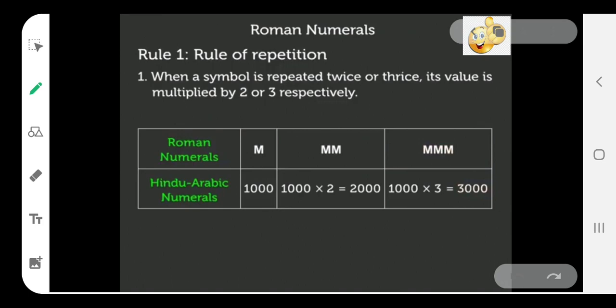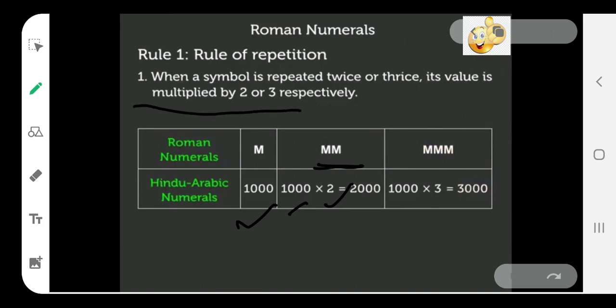Suppose the Roman numeral is M, and we know that M stands for 1000. So if the Roman numeral M is written 2 times, you can see here it is written 2 times. If I know the value of 1 M is 1000, then if it is written 2 times, I will multiply it with 2, as written in your rule.